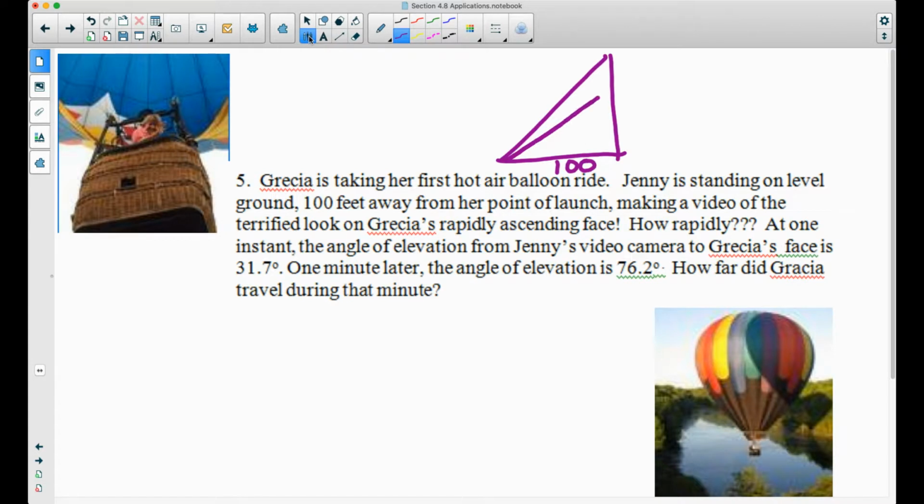So we're dealing with two different triangles here. At one point it's at 31.7, and then a minute later we have our other angle of 76.2. I ran out of space.